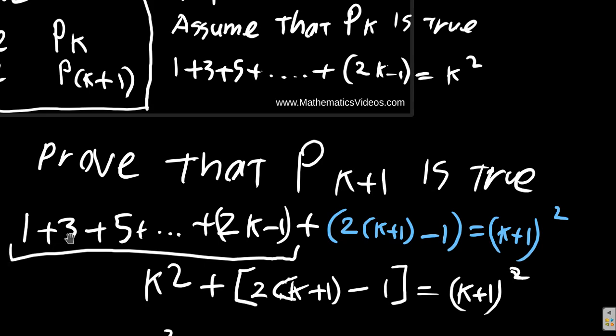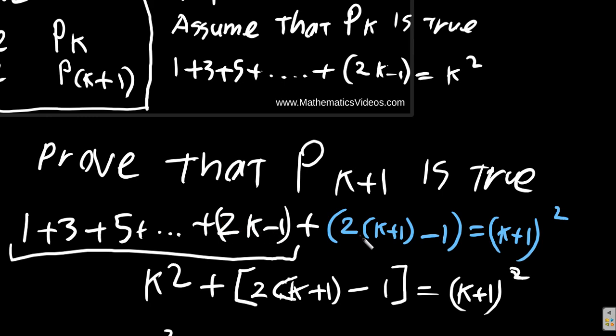You say 1 plus 3 plus 5 plus and so on plus 2k minus 1 plus, and then you put in the term that comes after 2k minus 1. So that term is where you replace k with k plus 1, because you're counting up and you reach k, the next term would be k plus 1.